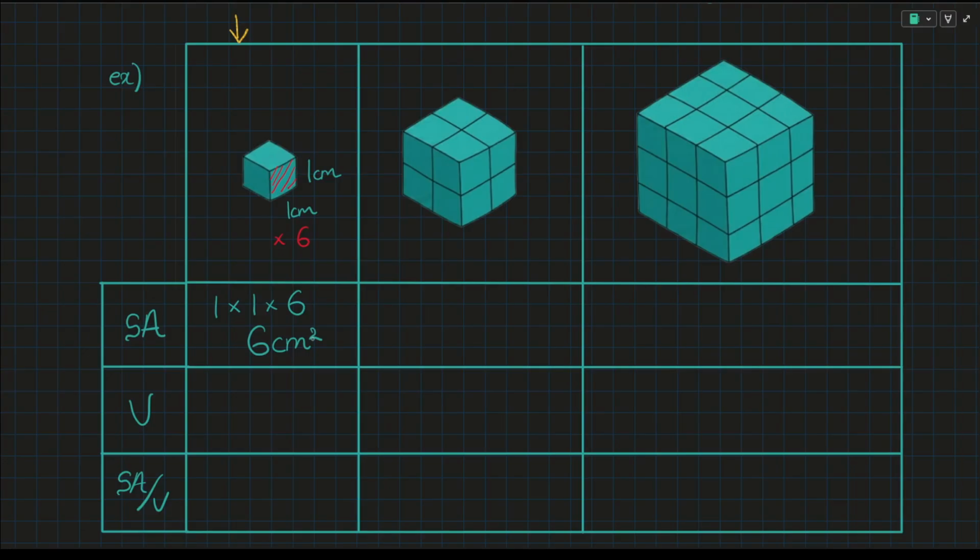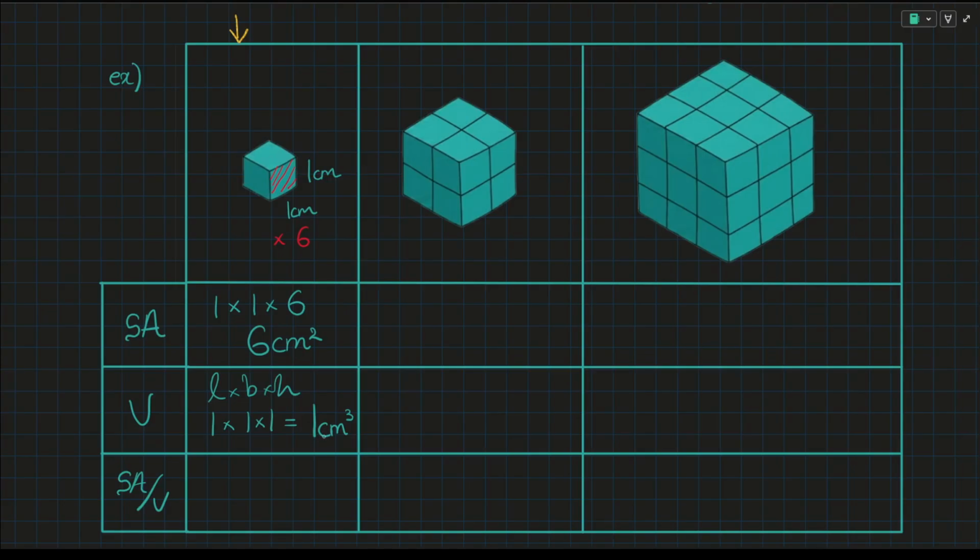Alright. How do you do the volume of anything? Length into breadth into height. Or length into width into height, same thing. Here, we know each side is 1 centimeter, so 1 times 1 times 1, that is going to be 1 cubic centimeter, cm3, okay, since we're talking about volume, 1 cm3.